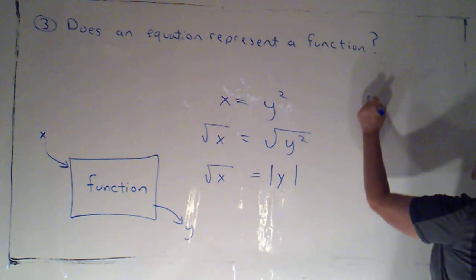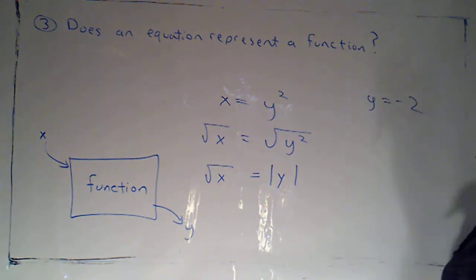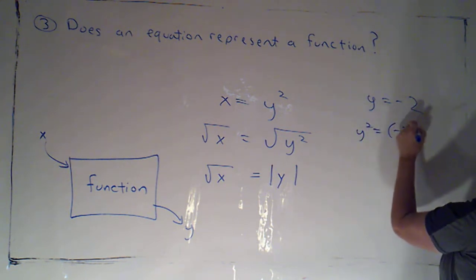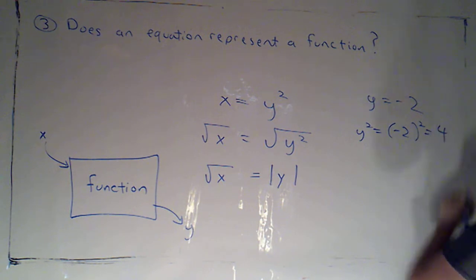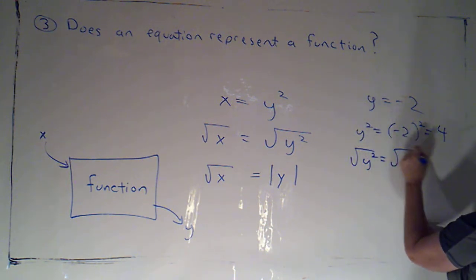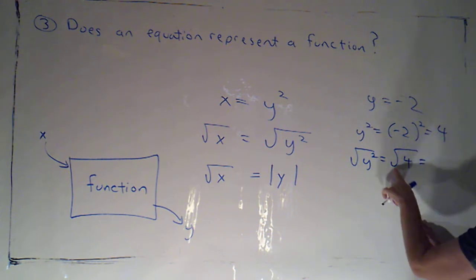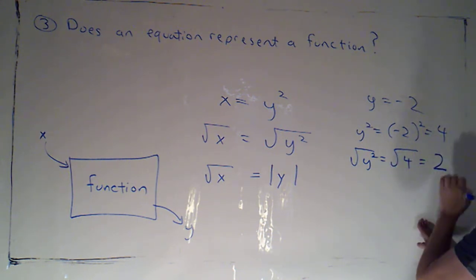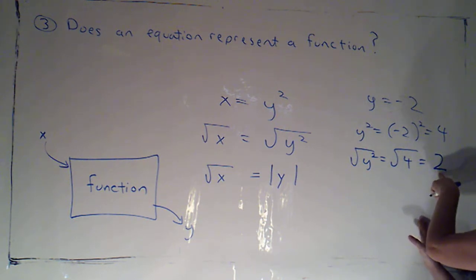Let's just suppose that y was equal to negative 2. Then y squared would be negative 2 squared, which would be 4. So the square root of y squared would be the square root of 4, but square roots, principal square roots, can never be negative. This would be 2.